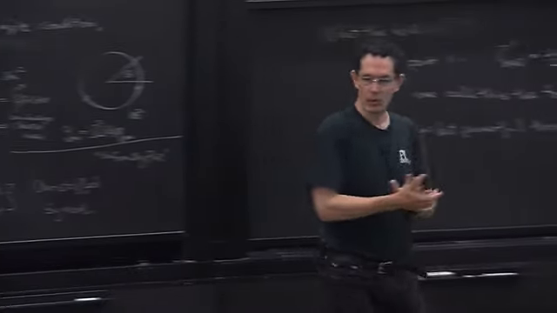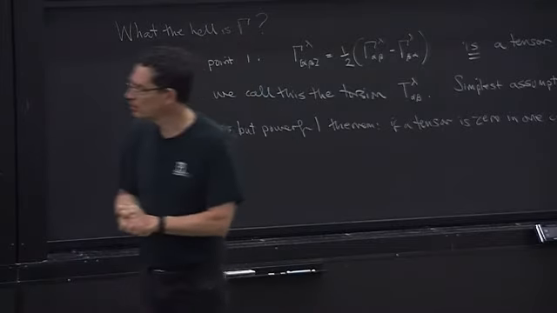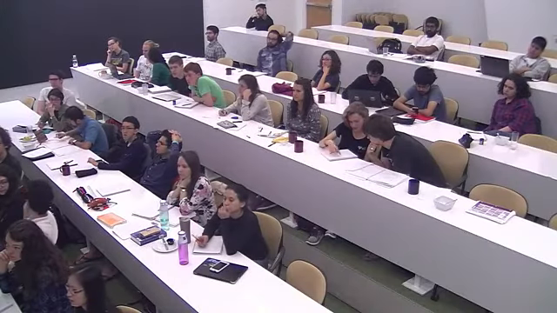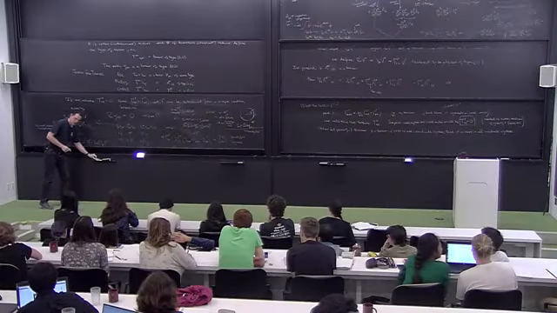Any other questions? Why does the dot product of U and V have to be 0? Oh, I'm just saying, okay. It's an assumption.